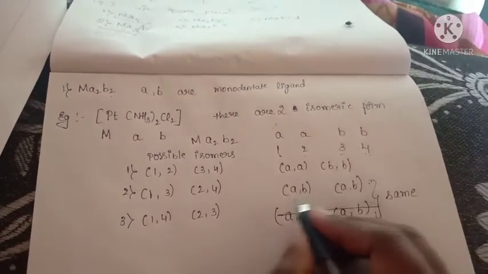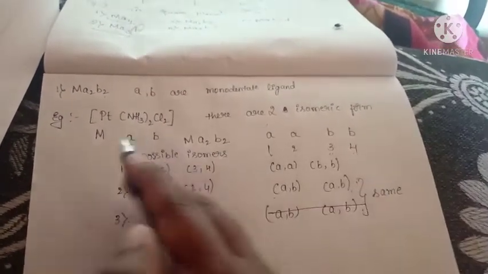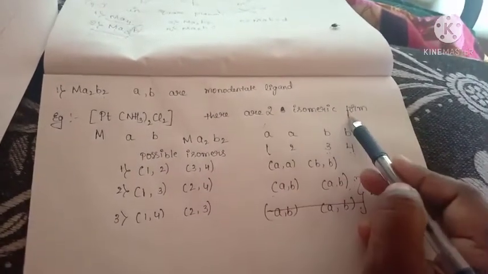That's why we will consider it as one isomeric form. So in this type there are only 2 isomeric forms.